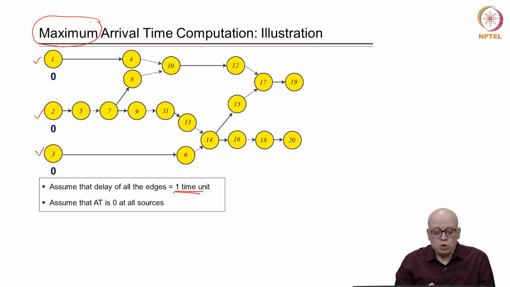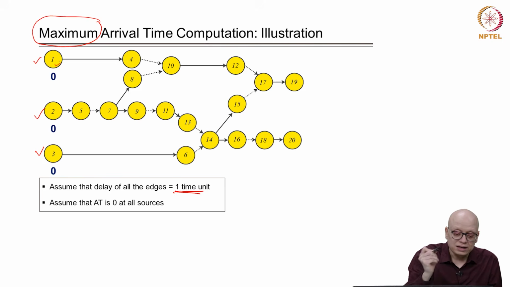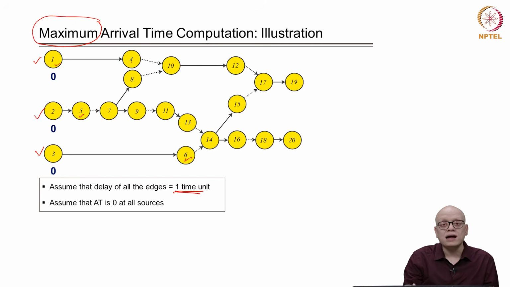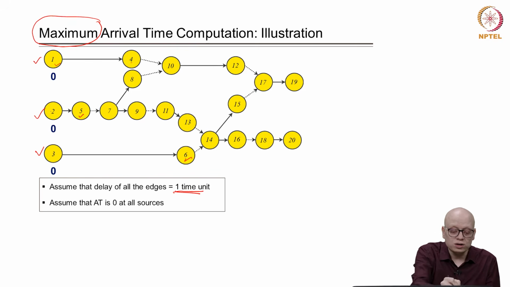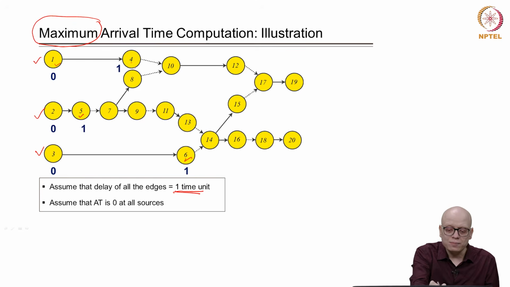If we know the arrival time at vertices 1, 2 and 3, we can easily compute the arrival time at vertex 4, vertex 5 and vertex 6. Why? Because the arrival times at the input vertices are already known, and we just add the delay. So, at 4 it is 0 plus 1, that is 1, at 5 it is 0 plus 1 is 1, and for 6, 0 plus 1 is 1.